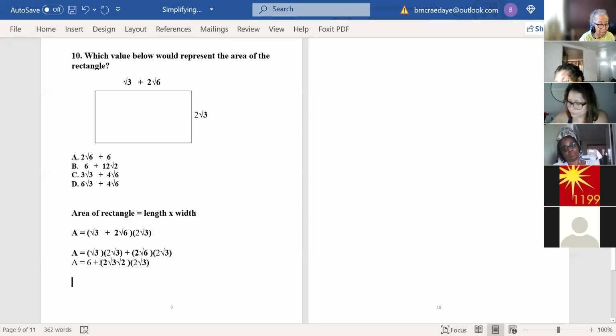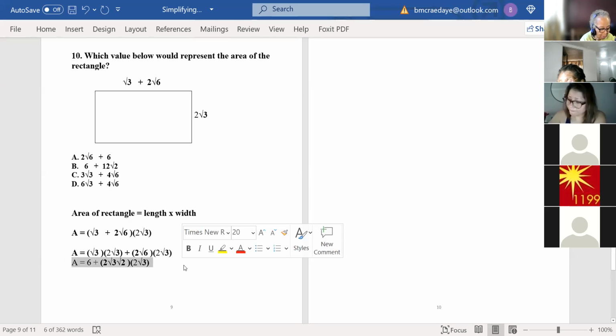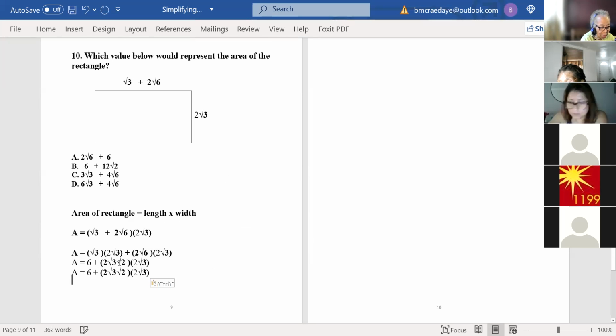Now, what is this equal to? Anybody want to tell me? Square root of 3 times square root of 3 is 3, right? And what's 3 times 2? 6. And what's 6 times 2? 12. And then I have square root of 2 left. So we'll go through it to make sure you understand.